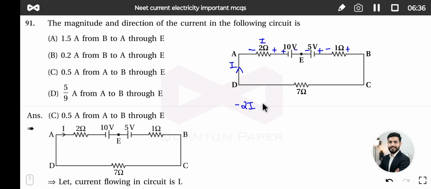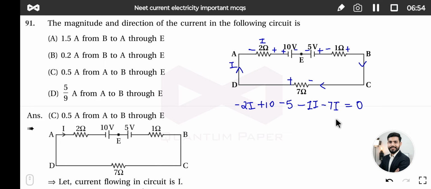Then plus 10. After that this minus 5. And then minus 1I. Then it will go here, and in this branch minus plus. So again minus 7 times I is equal to 0.